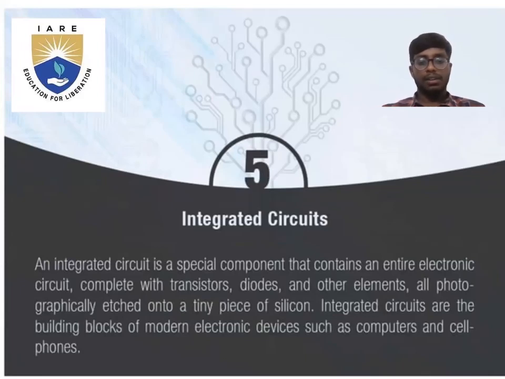An integrated circuit is a special component that contains an entire electronic circuit complete with transistors, diodes, and other elements all photographically etched onto a tiny piece of silicon. Integrated circuits are the building blocks of modern electronic devices such as computers and cell phones.